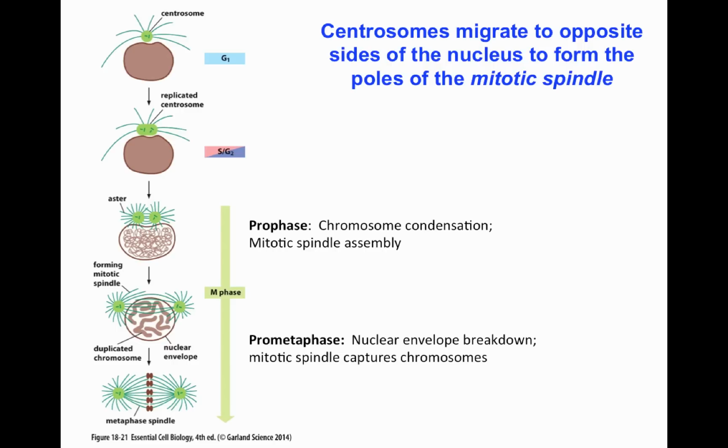Once the chromosomes have been condensed, during prometaphase, you're going to eventually get the destruction of the nuclear envelope, allowing the proteins of the mitotic spindle to interact with the chromosomes through their kinetochores. Eventually, those chromosomes will be put in the middle at the metaphase plate to allow them to be segregated during anaphase.